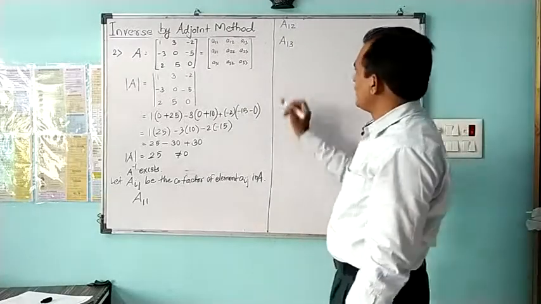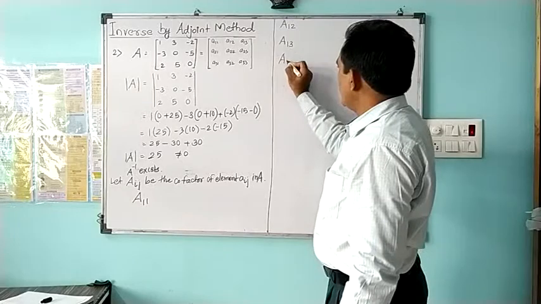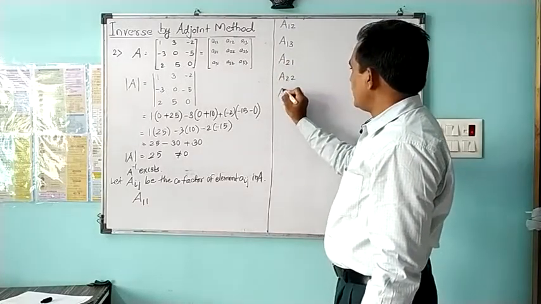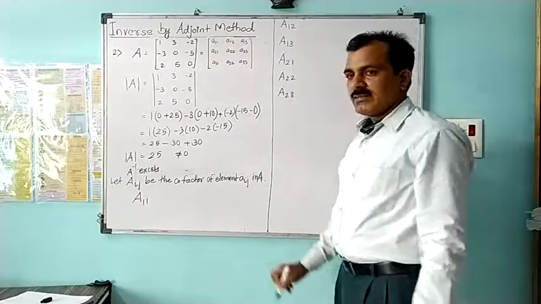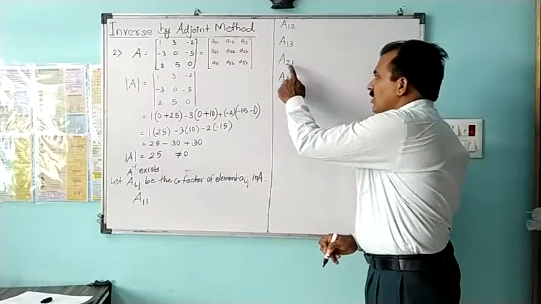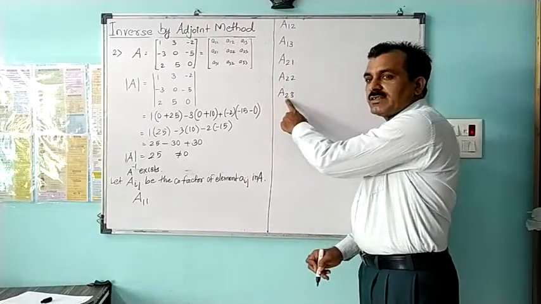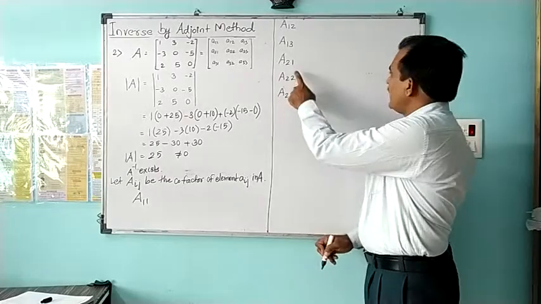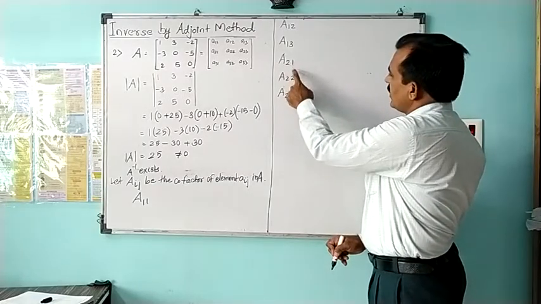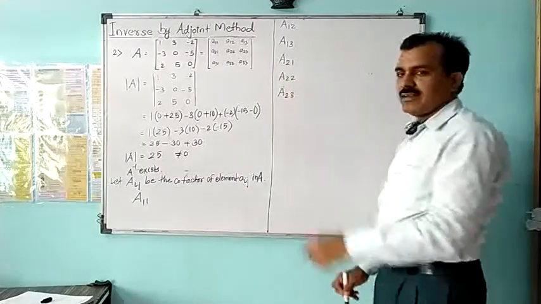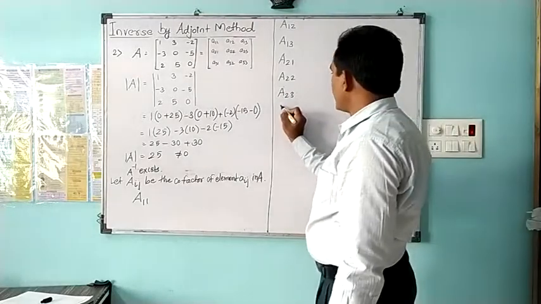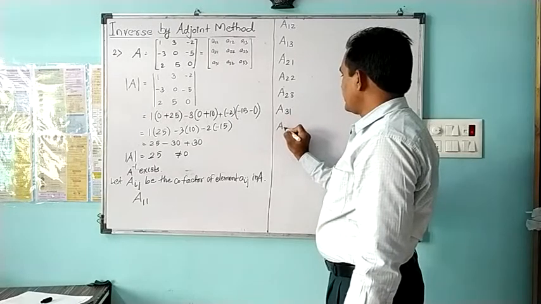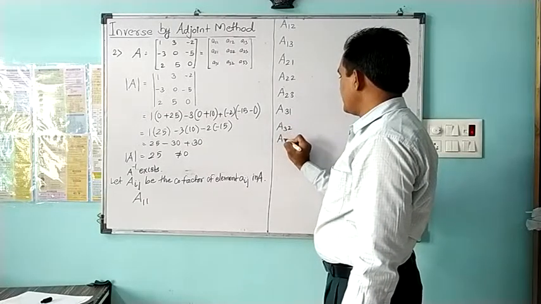The next 3 cofactors will be denoted by A21, A22, A23, meaning keeping the first subscript, that is the row number, and changing the column as 1, 2, and 3. And the last 3 cofactors will be denoted by A31, A32, A33.